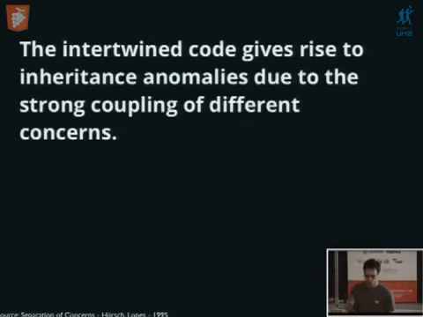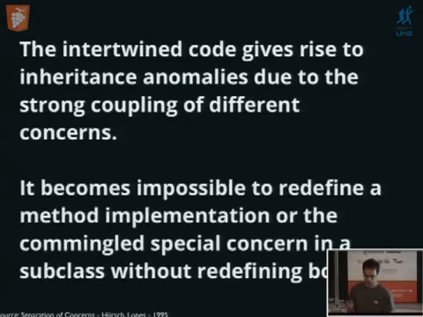And the last point, the intertwined code gives rise to inheritance anomalies due to strong coupling of different concerns. It becomes impossible to redefine a method implementation or the commingled special concern in a subclass without redefining both.